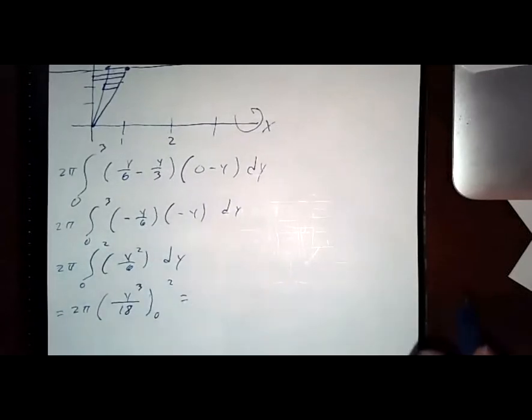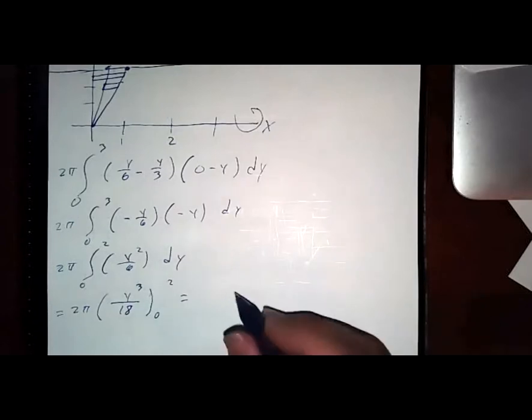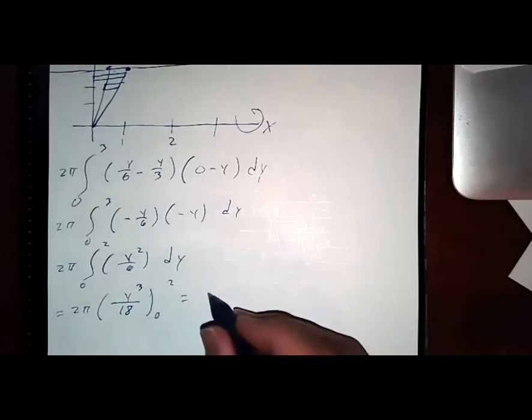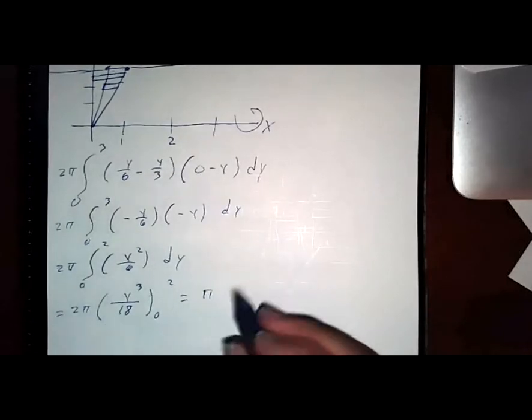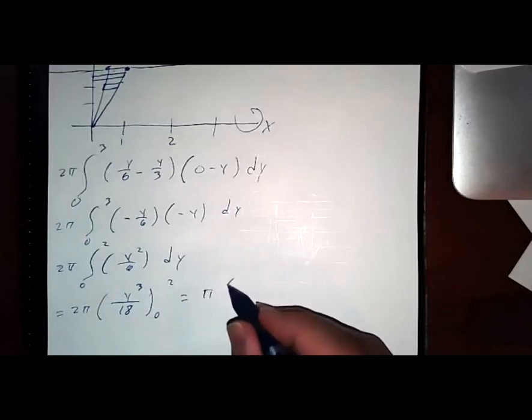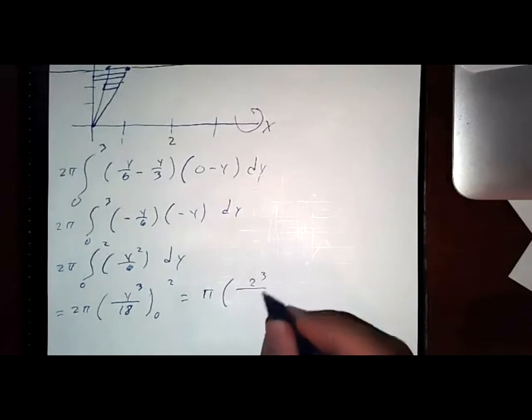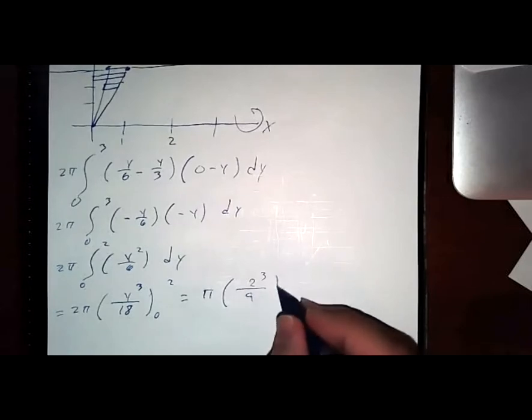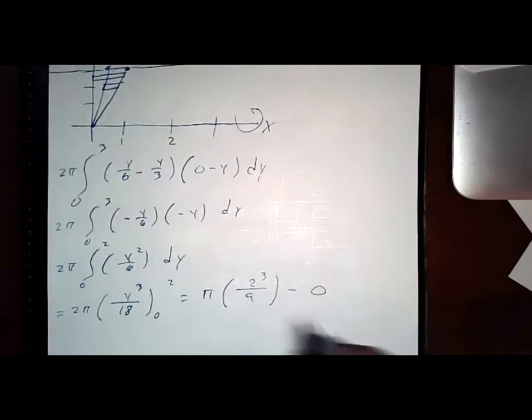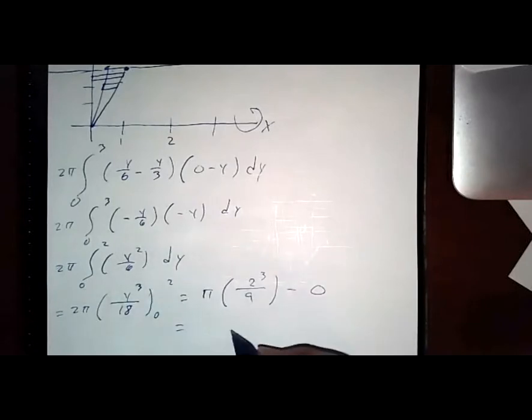Okay, that'll be our integral. So this will give us 2 pi, which is really just pi times, reduce that 18 there, 2 cubed over 9 minus 0. So that should be 8 pi over 9.